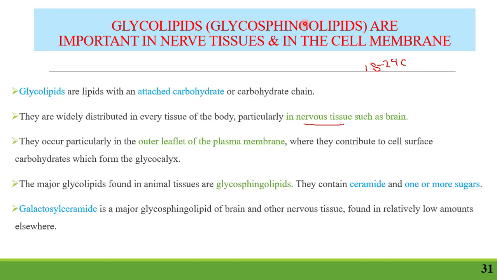Different sphingomyelins may be formed depending on the fatty acid attached. Common fatty acids found are lignoceric and nervonic and also cervonic acid.